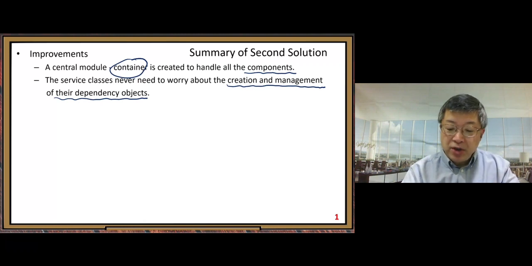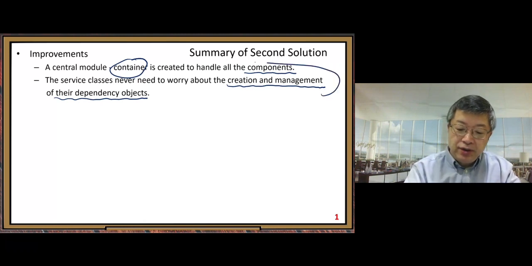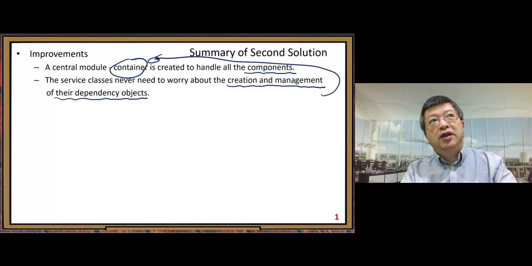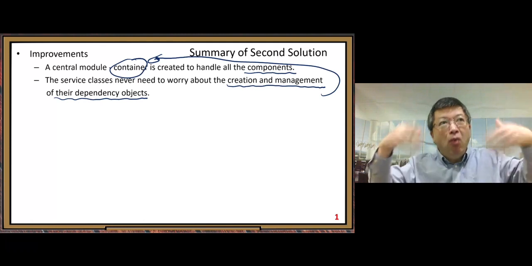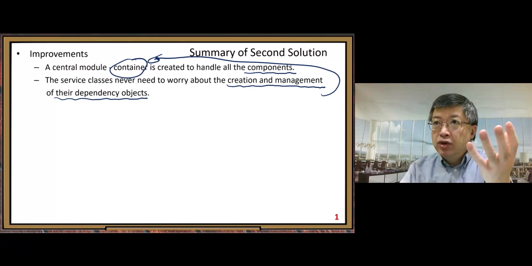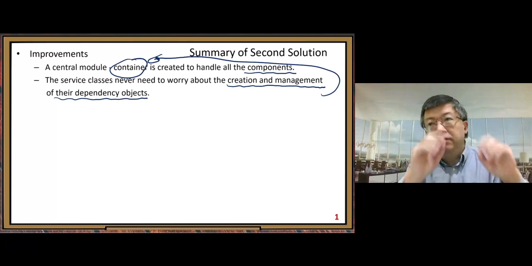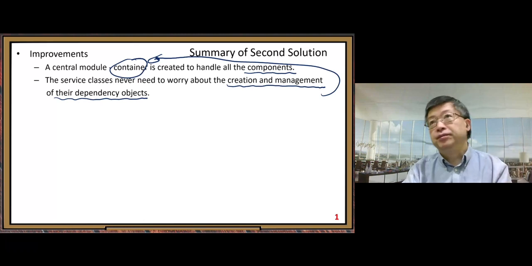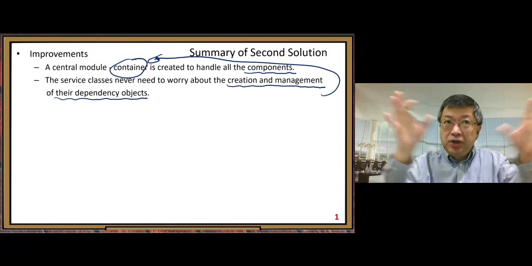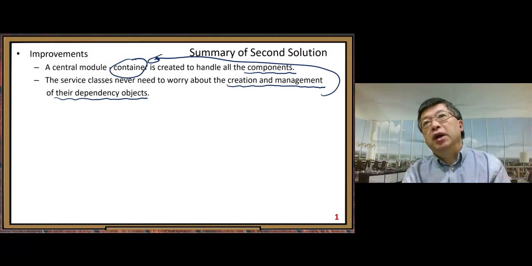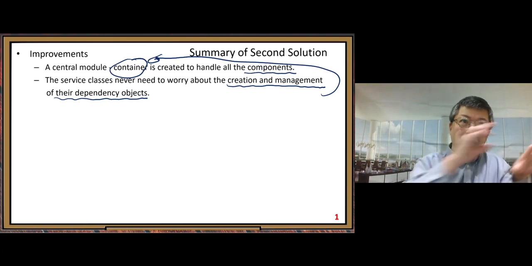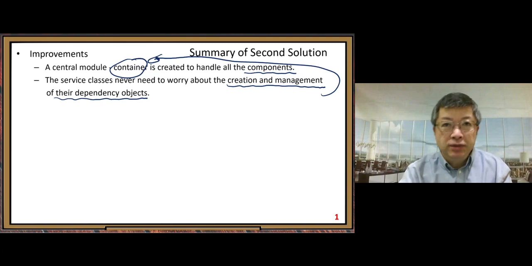The responsibility is shifted to the container. The container has more and more responsibility because it is a central module, so if we put a lot of responsibilities there, it is okay. Because the total responsibilities must still be the same, you can only shift. If you reduce from one place, you have to add it to another place.